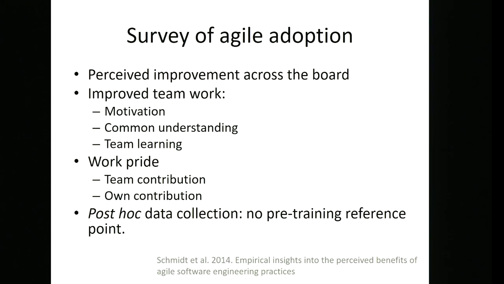Okay, so what specifically was causing this though? The first thing was improved teamwork. So we had improved motivation, a better common understanding of what was going on, a better common understanding of the code base, and also the team was better at learning. So teams were better at working together and learning. This is an interesting one. They termed it work pride, this particular variable.